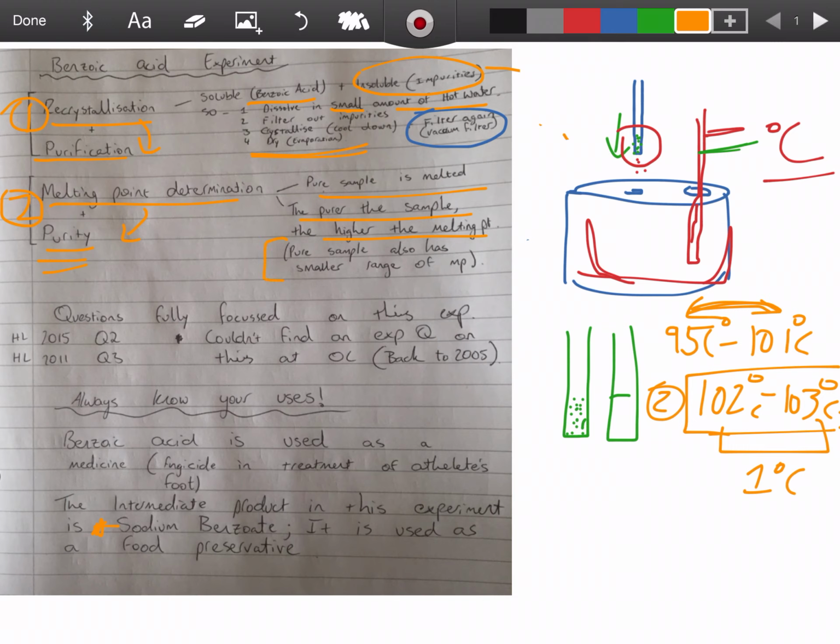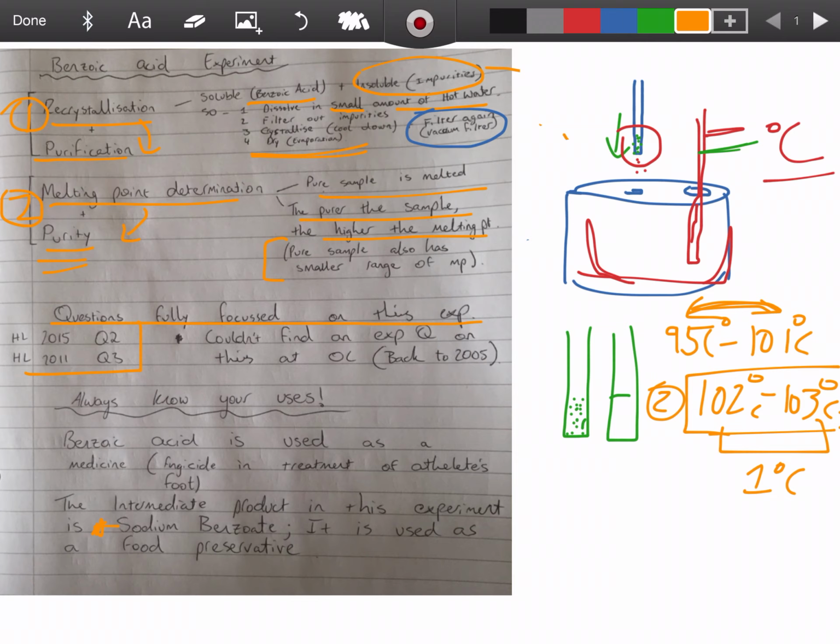So to tie this in then, the questions that are fully focused on this experiment that I've discussed, there's 2 there: 2011 question 3 and 2015 question 2 on the higher level paper. They're really good ones to do. I would strongly suggest having a look back over that and running through those. Give it your best attempt, and then match your work against the marking scheme to see how you get on.